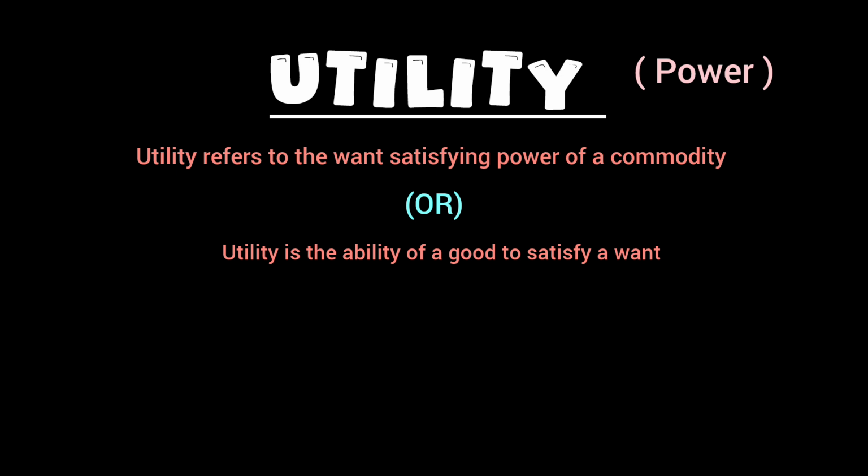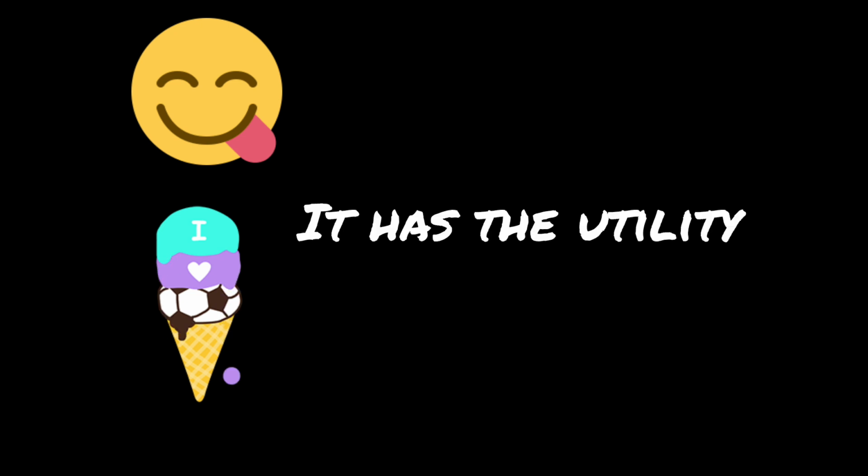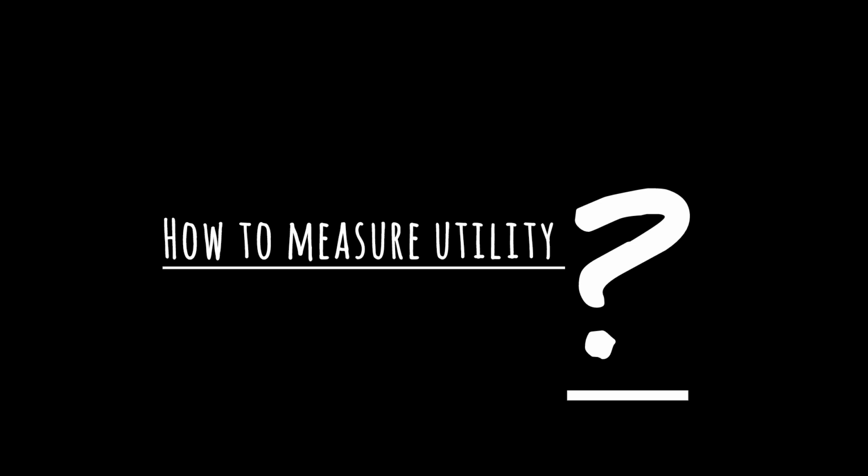Suppose you have consumed an ice cream, and after consuming it you got some satisfaction, so we can conclude that ice cream has the utility to satisfy your want. So utility is something that has the power to satisfy a human want. Now that we have seen the meaning of utility, the next big question is how to measure it.